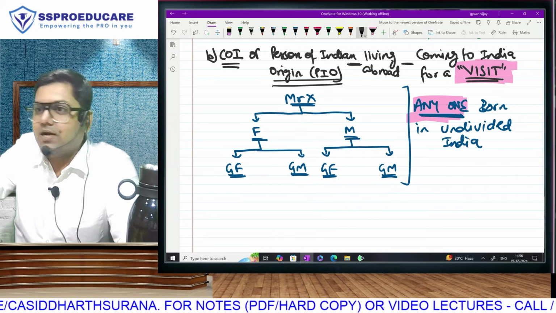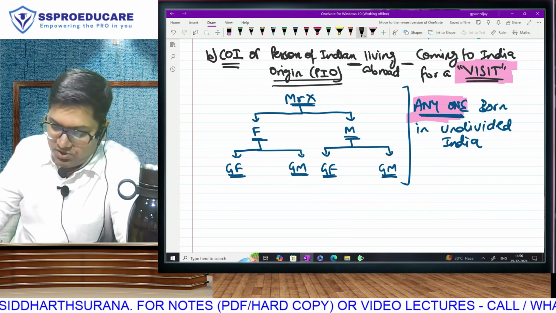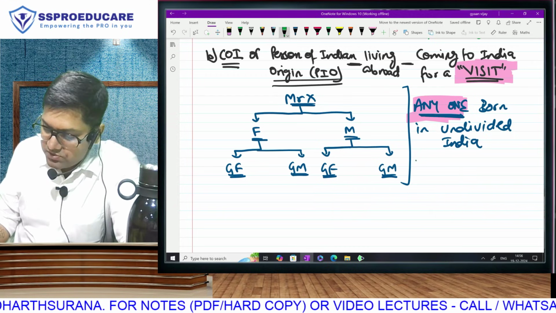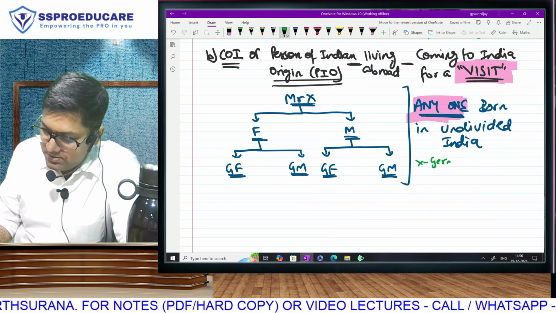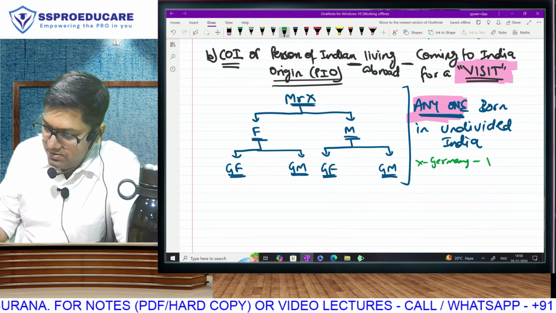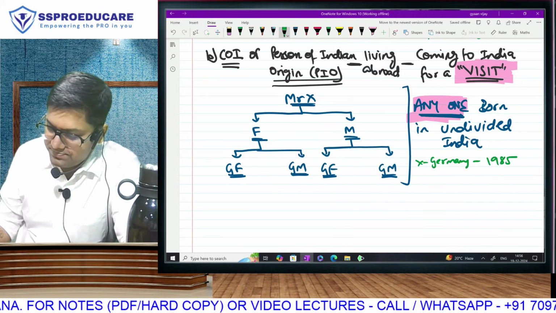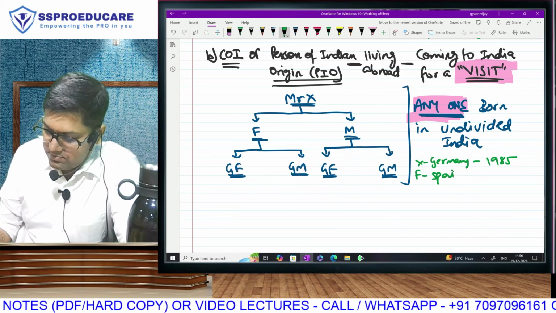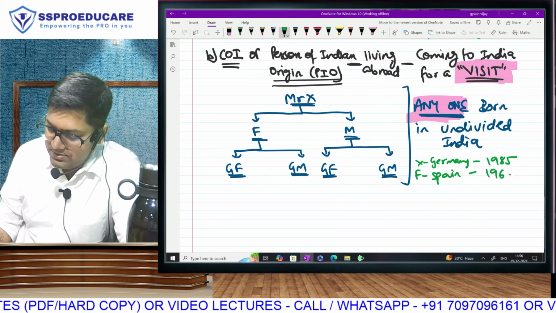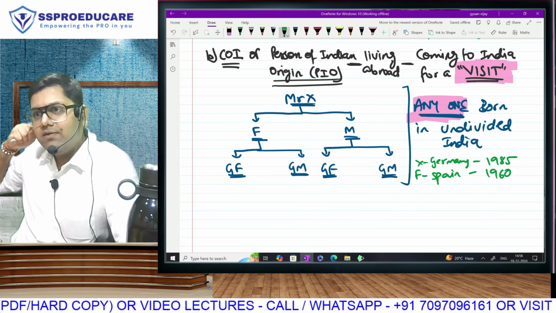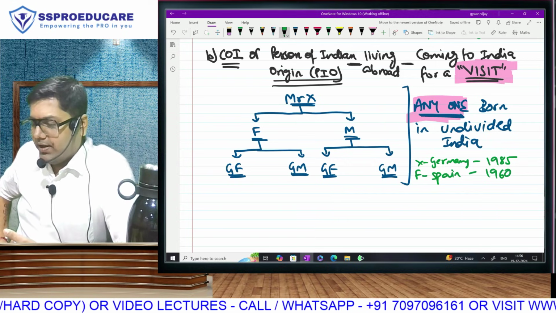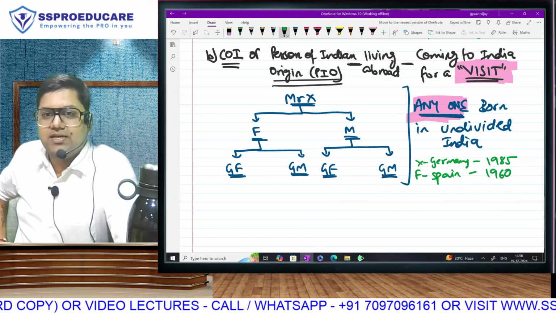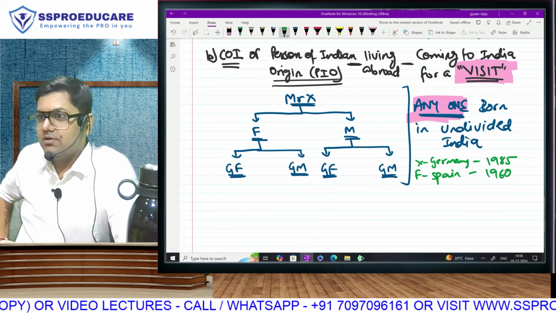Then one of the students started reading the question. Question was somewhat like this. X was born in Germany in 1985. His father was born in Spain in 1960. Reasonable gap, 25 years. Bro, I can't take father in 1960 and X in 1965.